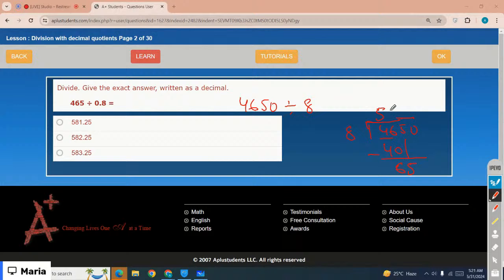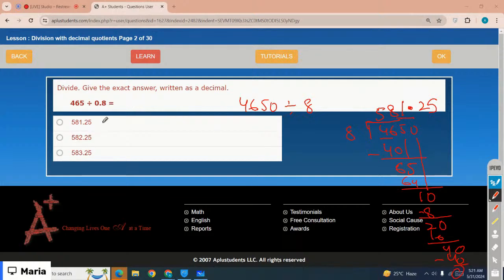You can go for 8 times 8 is 64. You need to bring 0 down. 8 times 1 is 8. 10 take away 8 is 2. Put a decimal point over here and 0 over here. 8 times 2 is 16. You have 4 here. You already have a decimal point. Put 0. 8 times 5 is 40. 40 take away 40 is 0.